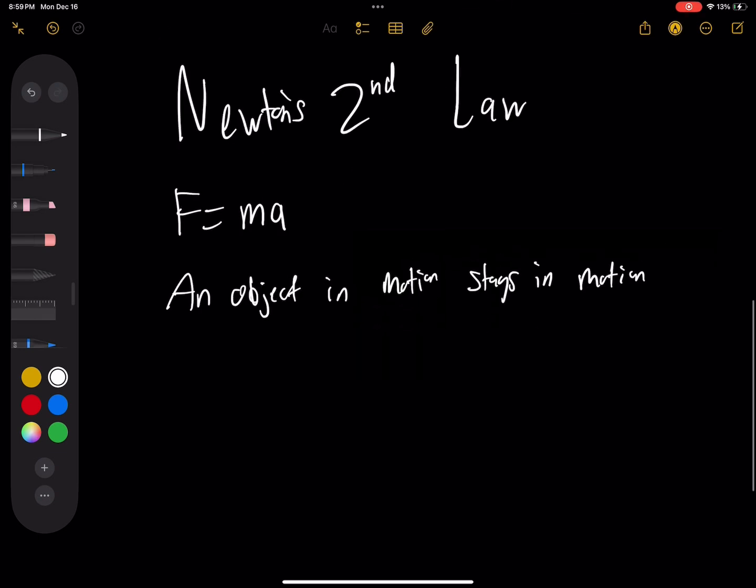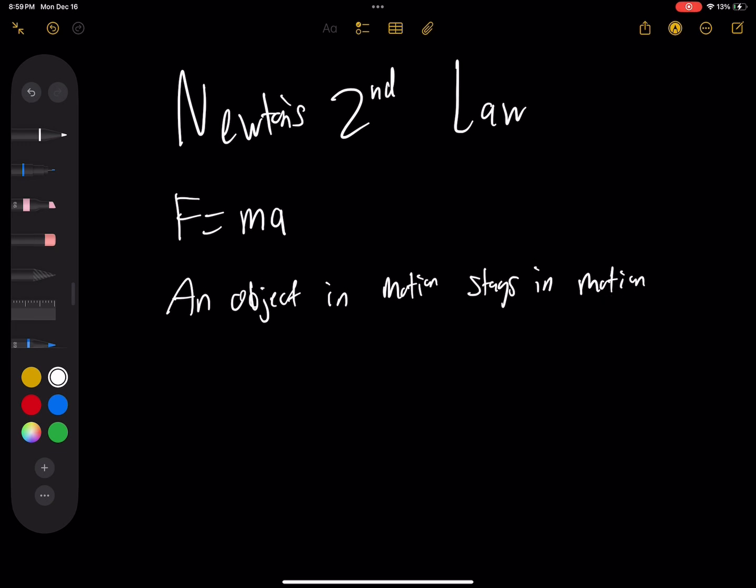However, there's a common misconception that when an object is staying in motion, there has to be continued force so that it has velocity, but that's not true. You can see from this equation that force is directly proportional to acceleration. So an object will stay in motion as long as there's no force that's going to stop it, but an object doesn't need continued acceleration to keep moving.